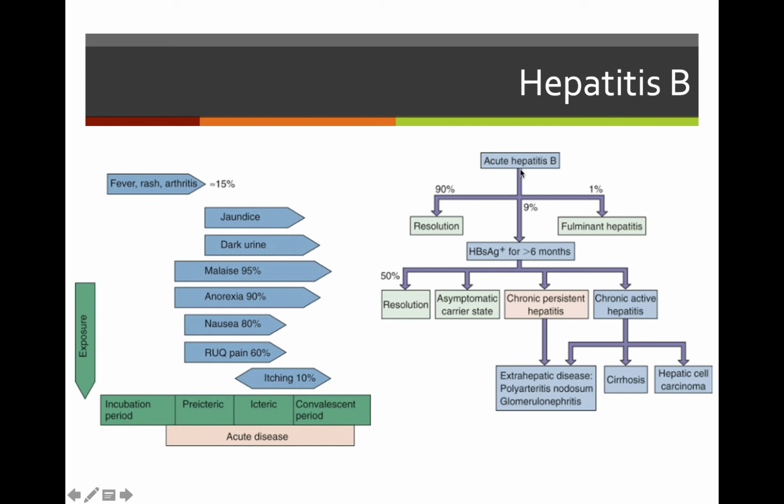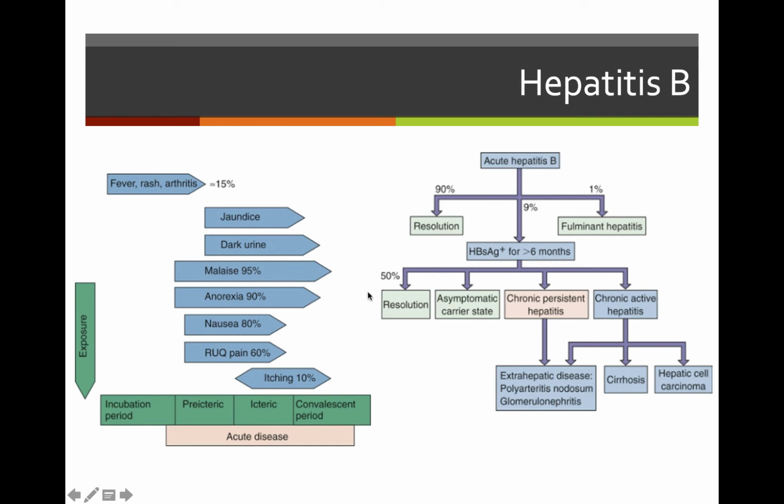Acute hepatitis B, the majority of patients, 90%, will resolve the infection. 1% will develop fulminant hepatitis from just that original infection, so it's rare. 9% will become what we call a chronic carrier because they are carrying or producing antigen for more than 6 months.